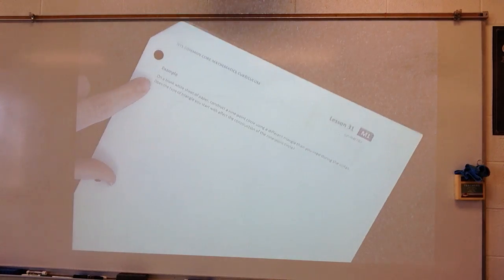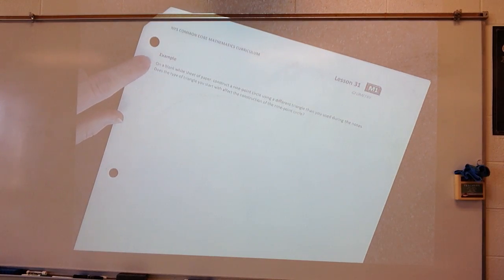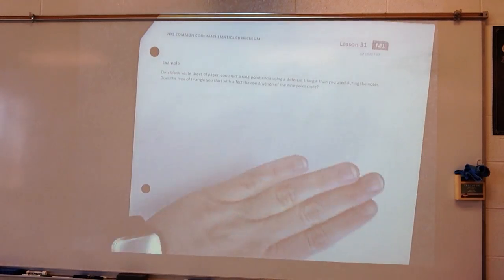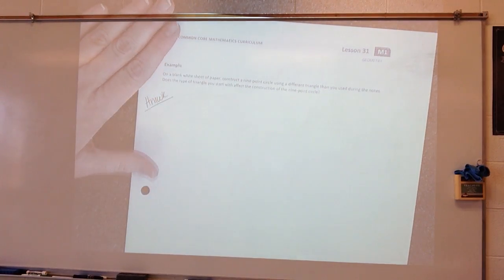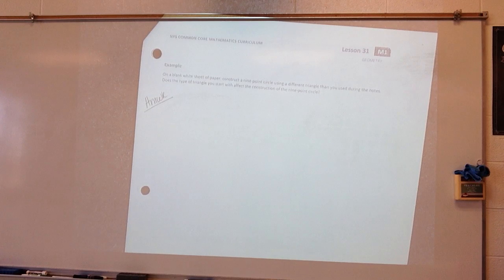So it says on a blank white sheet of paper, construct a 9-point circle using a different triangle than you did using the notes. Does the type of triangle you start with affect the construction of a 9-point circle? Okay, so this is going to be part of your homework. I want you to construct that 9-point circle.